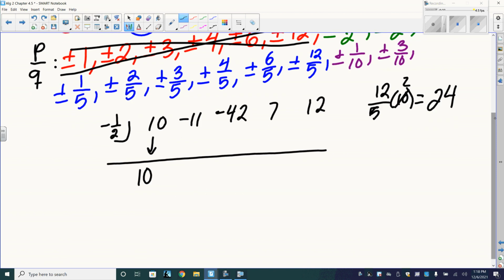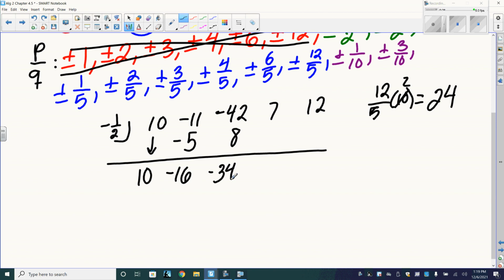-1/2 times 10 is going to be -5. -11 plus -5 is -16. Okay, that looks good so far. -1/2 times -16, the negative and negative would make a positive. 16 divided by 2 is 8. -42 plus 8 is going to be -34.